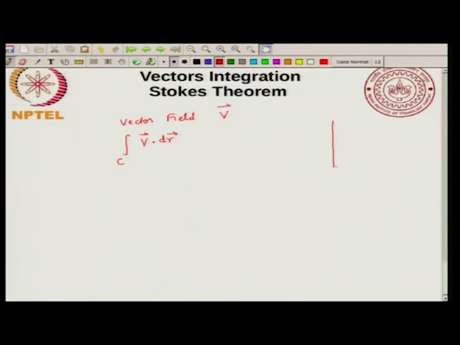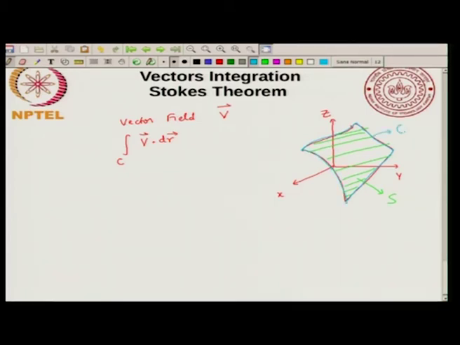So you have x, y, z, you have some surface, surface S. This S is the surface, and I'll just mark this contour or this curve that is enclosing the surface.